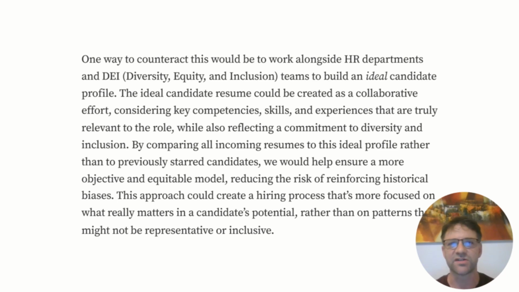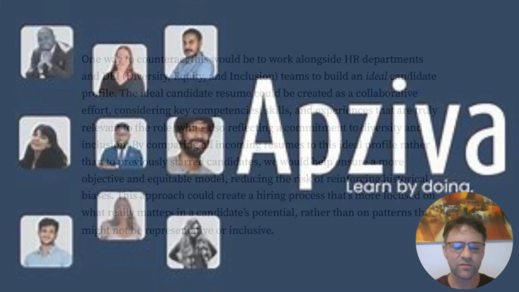And instead of using starred candidates, we could compare candidates in the database to the ideal candidate, and make an effort to create cosine similarities between an ideal candidate and not candidates that were perhaps hired with some human bias, if we believe that there's some kind of human bias in the hiring process.